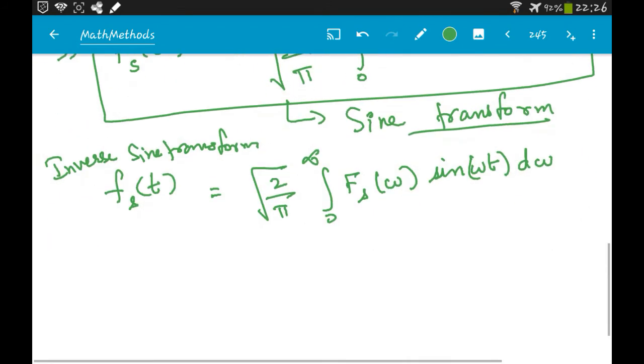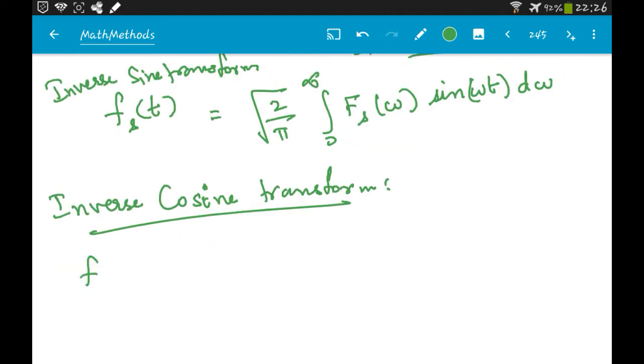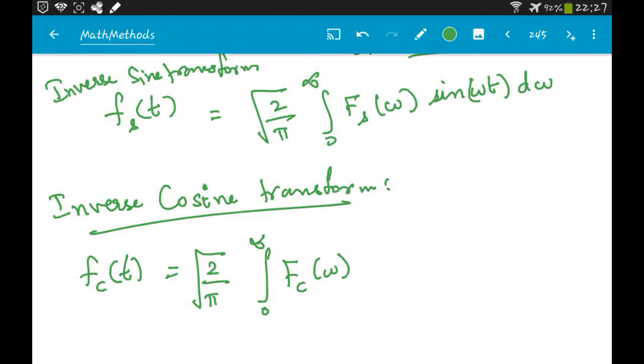Similarly, for cos also you can get an inverse transform, right, in the same way. So the inverse cosine transform would be f c of t equal to root over 2 by pi, integral from 0 to infinity F c of omega cos omega t d omega.